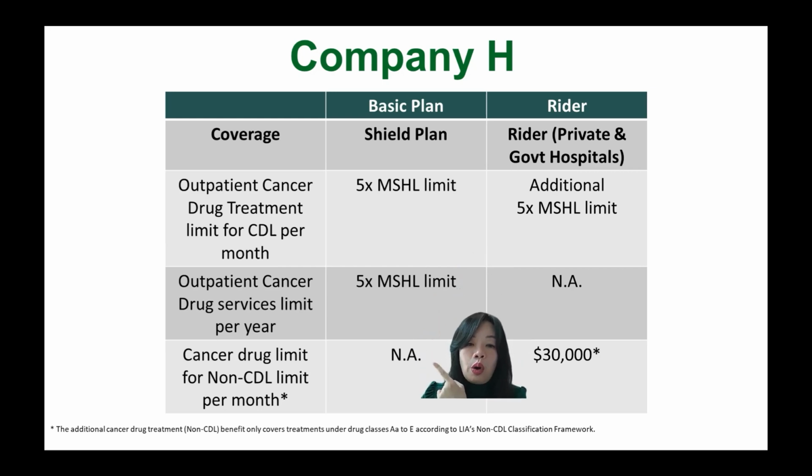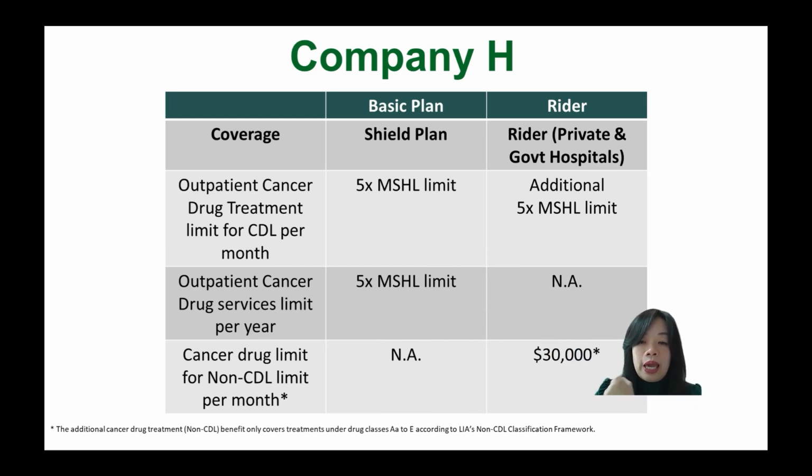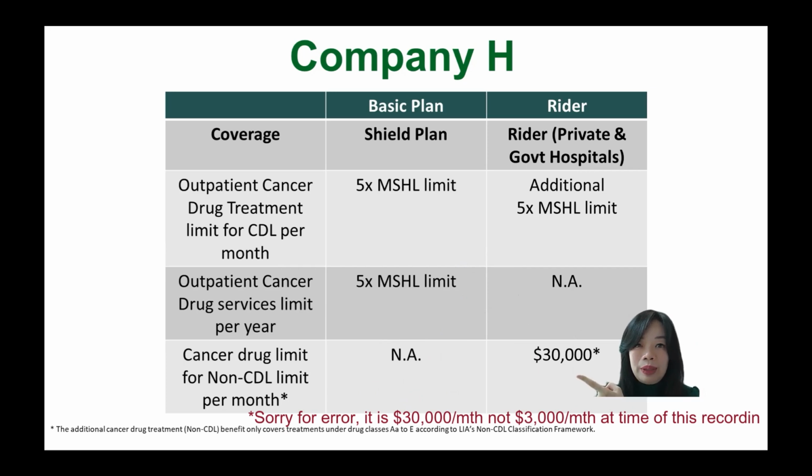Okay, so for the non-CDL limit, meaning the drug is not under the cancer drug list, if there's only a basic plan, it will not be covered. But if you have a rider, then it will be at a $3,000 limit per month.